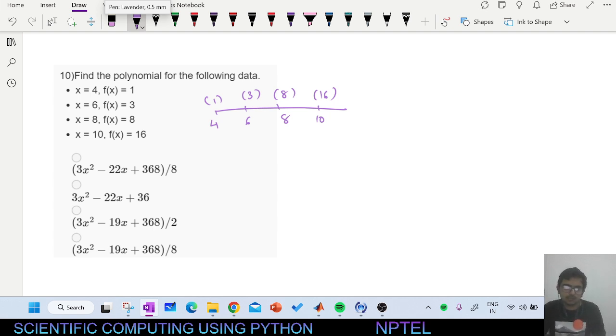But one subtle thing is that since we have 4 data points, superficially we should have a cubic, right? A cubic polynomial is 4 minus 1, which is the degree, so a 3-degree polynomial, which is a cubic. So the answer should be a cubic polynomial. And in fact, I had seen such a question with just one option, that is cubic.